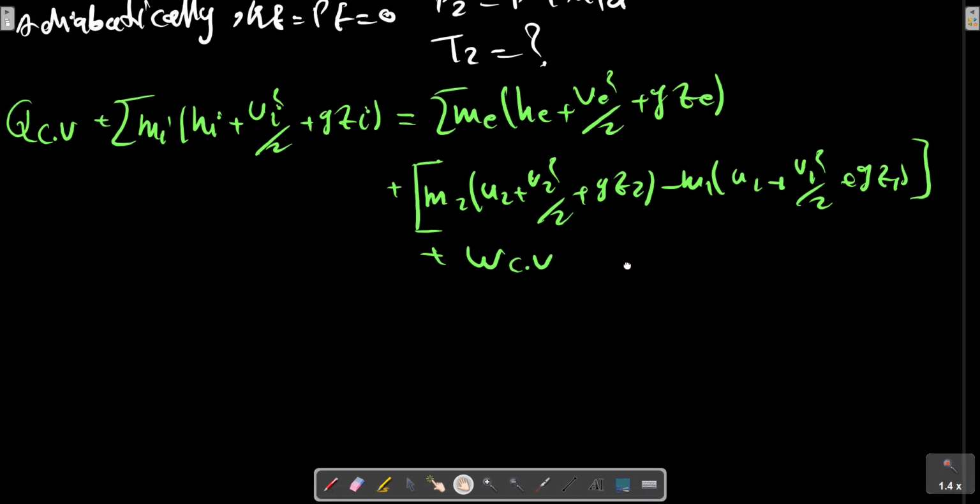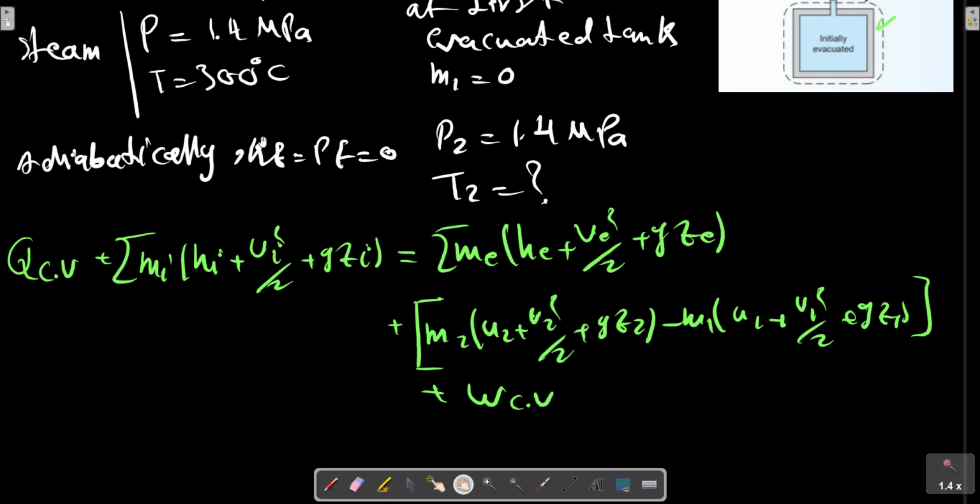For the selected control volume, the process is adiabatic, the differences in kinetic and potential energy are zero, and work is also 0. m1 also equals 0.